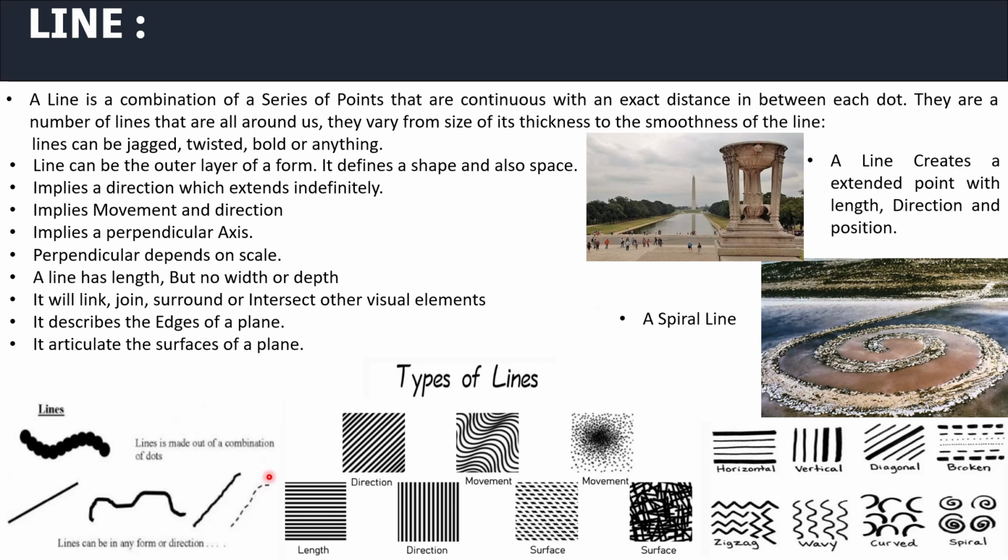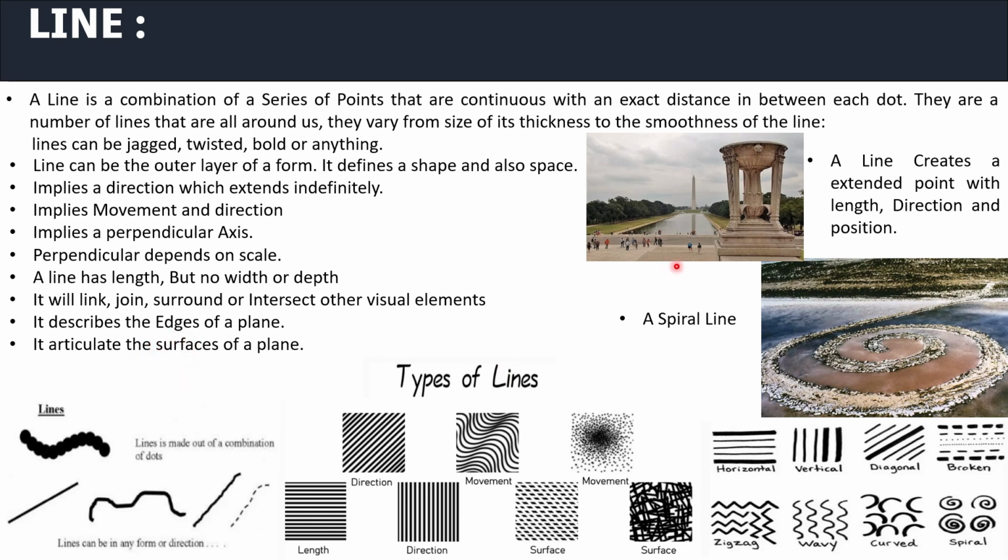So you can see in this picture, this is a dotted line, this is a dashed line, then we have some random lines over here, then we have an L, then we have a straight line, then we have a hatched line. Okay, so like that. A line has length but not width and depth. It implies a perpendicular axis. It will link, join, surround or intersect other visual elements.